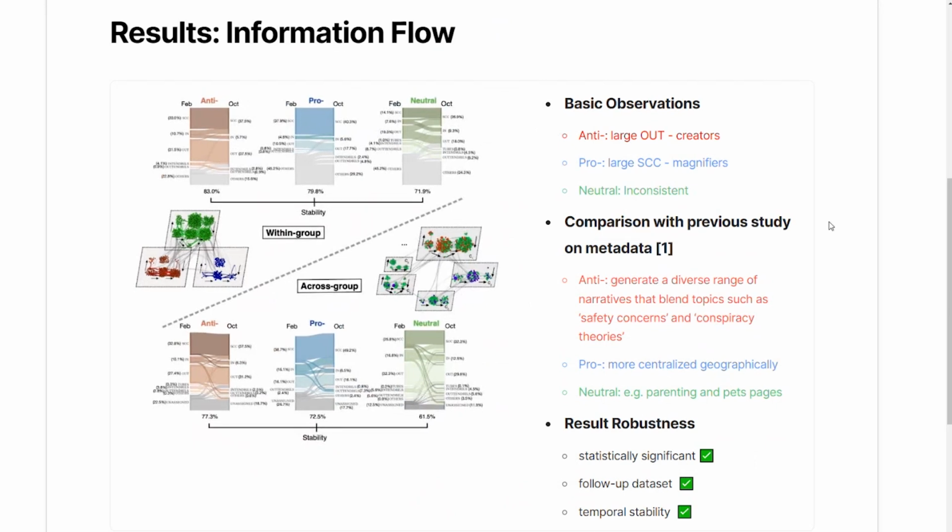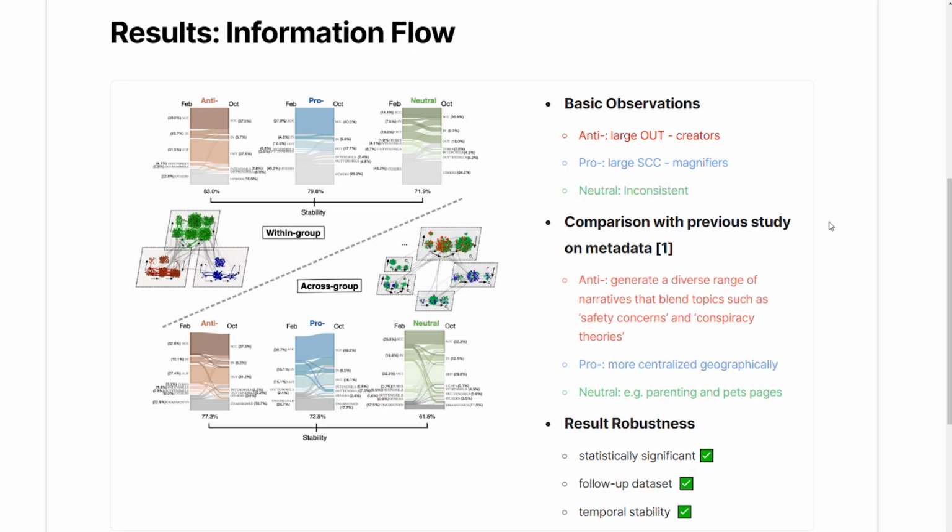It's quite interesting that we did some comparison of this bow tie structure analysis with the previous study on the same data set. It turns out that there are some similarities, which also shows that the bow tie structure is informative to some extent. For example, anti pages tend to generate a diverse range of narratives in the metadata study, blending topics such as safety concerns and conspiracy theories.